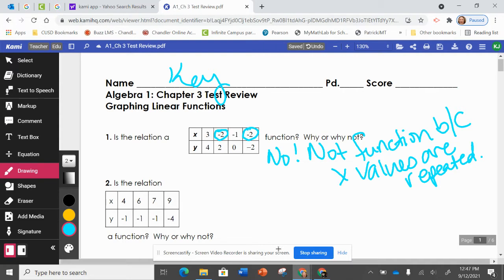For number 2, checking out our x values here, none of them repeat, so yes, no x values repeat. Or there is exactly one unique output for every input.